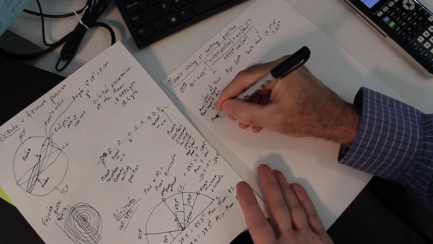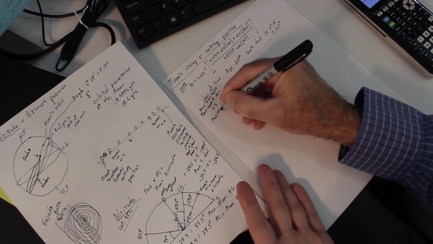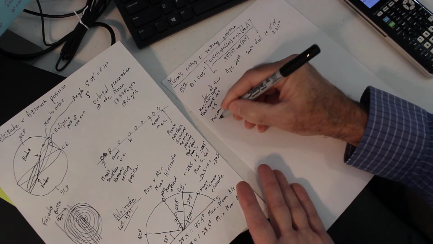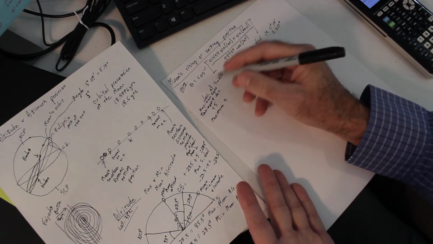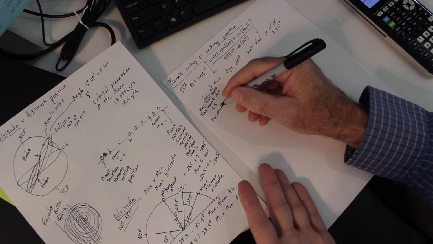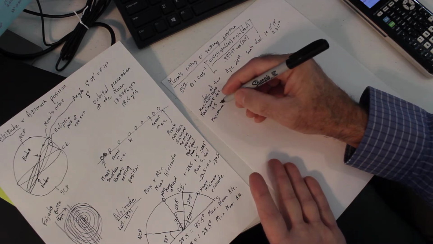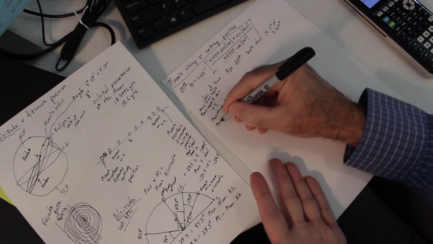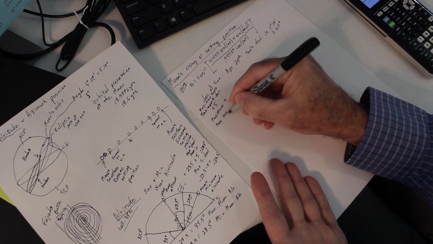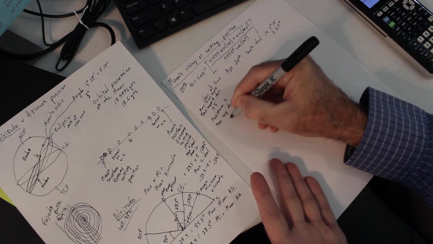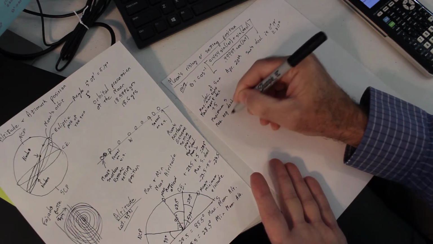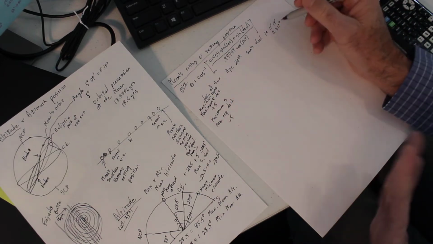If it said maximum southern, or maximum south declination, or maximum negative declination, you would subtract 5 from the sun.